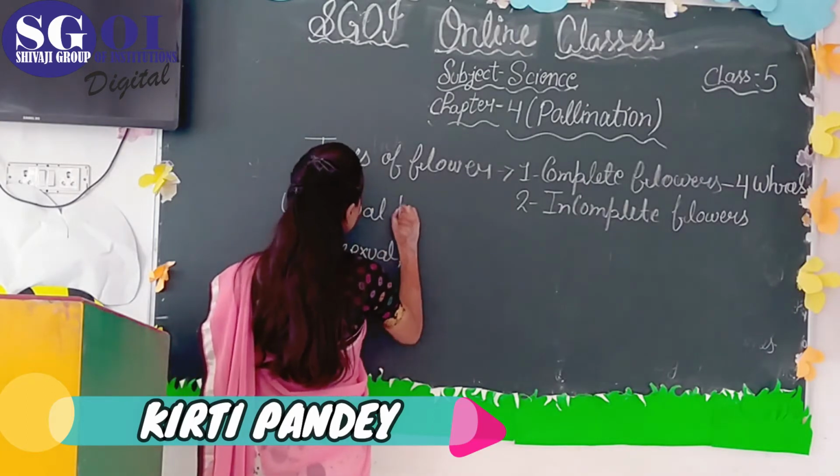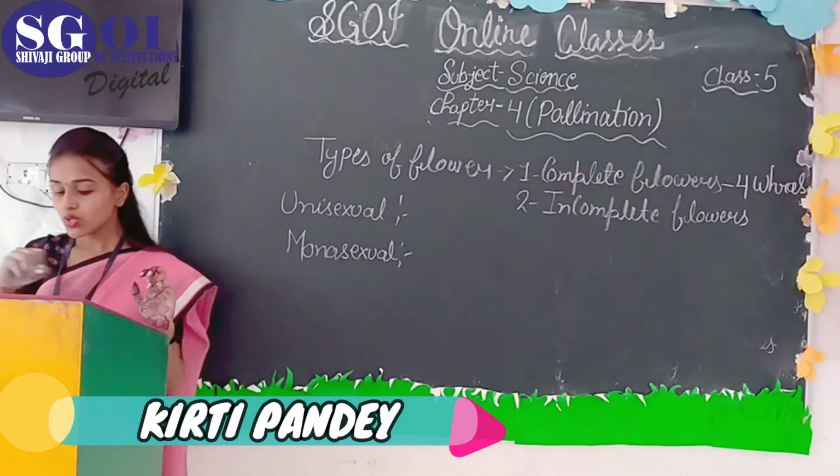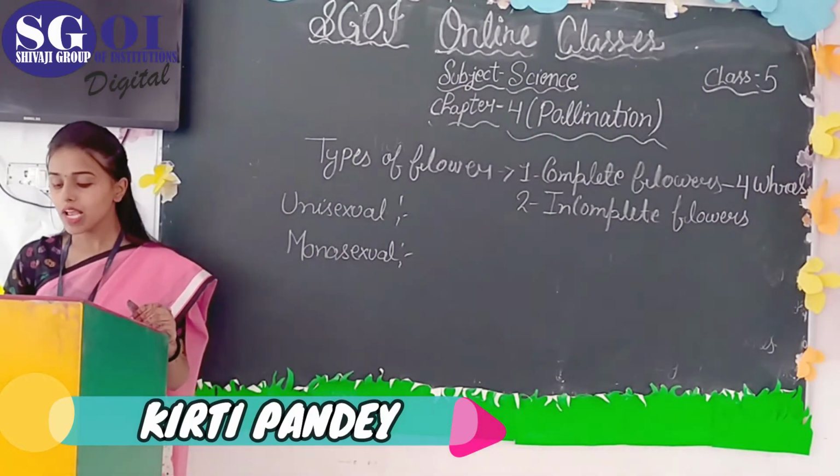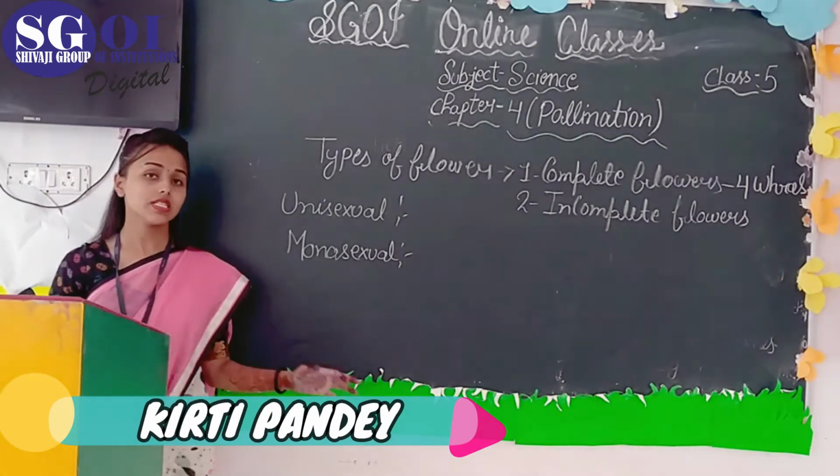So what are unisexual flowers? Unisexual flowers are the flowers in which either male or female reproductive organs are present.